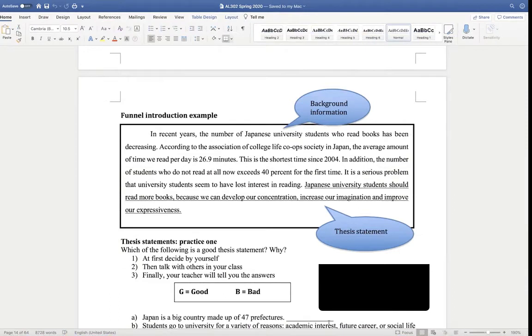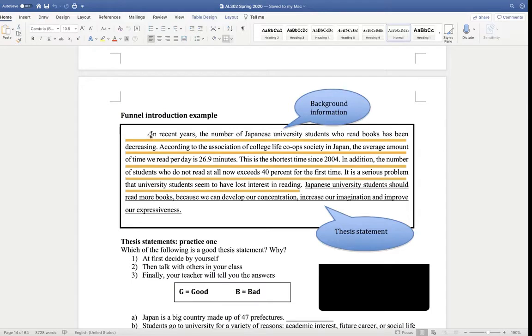So here's an example of a funnel introduction. You can read through this introduction and you can see that the first part, from here, in recent years, down to interest in reading, is the background information.